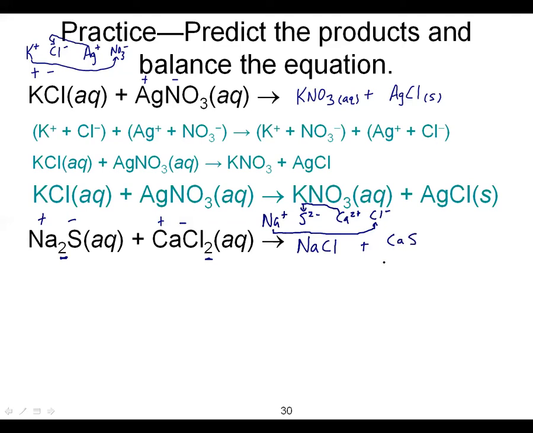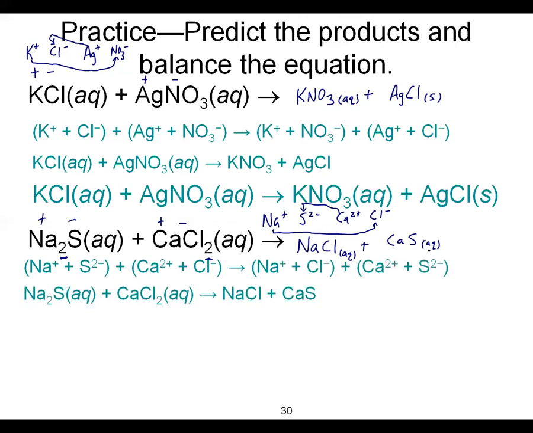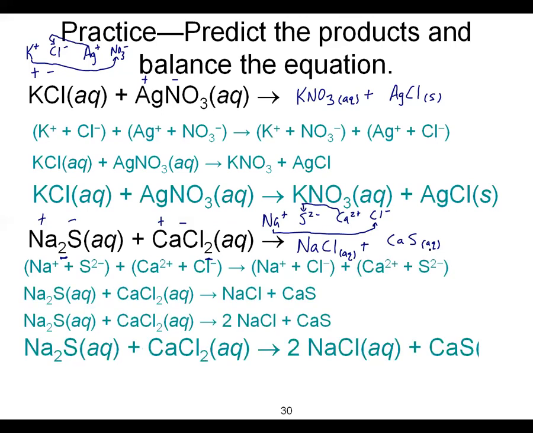In this particular one, this is going to be aqueous, and this is also aqueous if we look at our solubility rules. Because they are both aqueous, all these ions are just floating around.